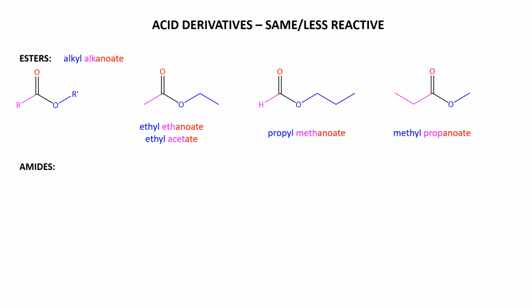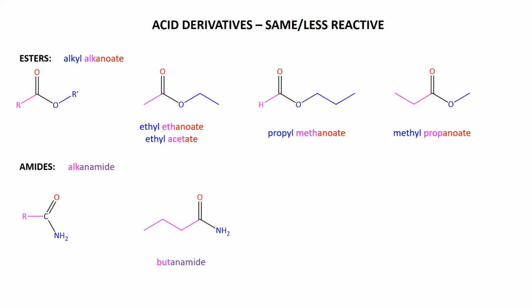Finally, the least reactive of the acid derivatives, and these are really unreactive compared to acyl chlorides, many orders of magnitude less reactive: amides, in which we have replaced the OH group of the original acid with NH2. These are simply named alkanamide, where this is the alkyl group there.